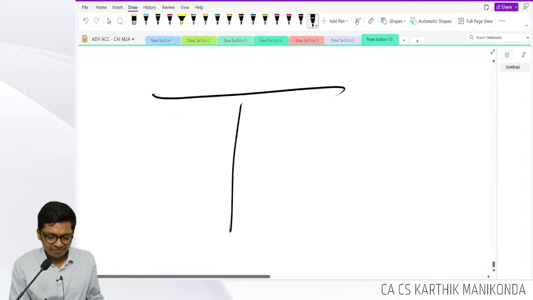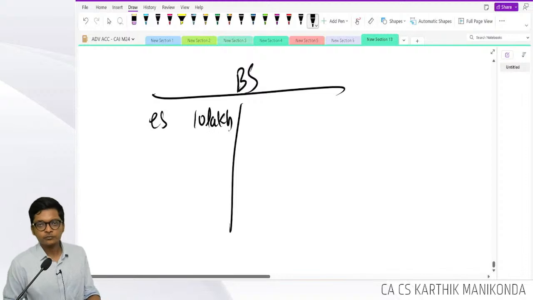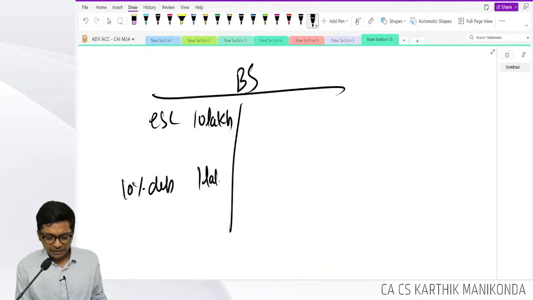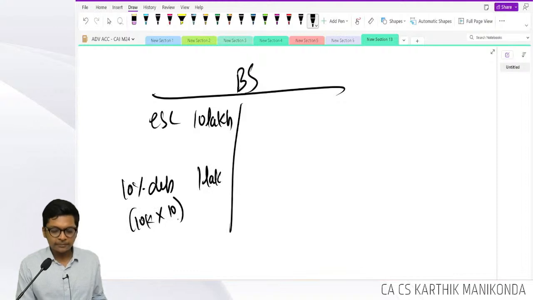Imagine in my balance sheet, I have equity shares, 10 lakh shares. And then I have 10% debentures, 1 lakh, 10,000 into, let's say, 10.